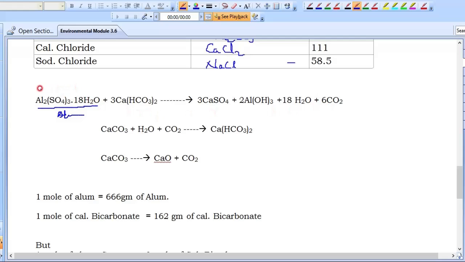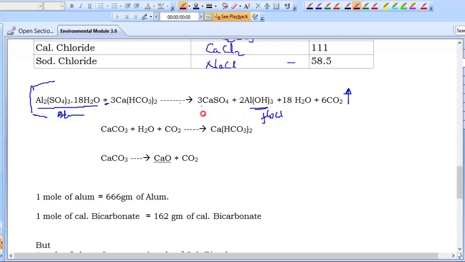Now, how to read this equation, that is very important. Reading this equation is not like how I read here. The reading is like this: 1 mole of alum consumes 3 moles of calcium bicarbonate, and it produces 3 moles of calcium sulfate, 2 moles of aluminum hydroxide, 18 moles of water, 6 moles of CO2. 6 moles of CO2 evaporates, and this is called a precipitation, that is your flock.